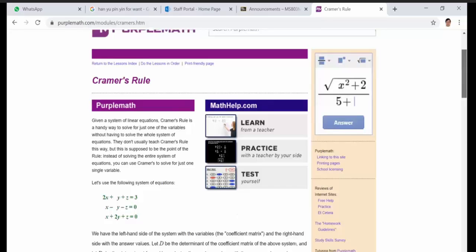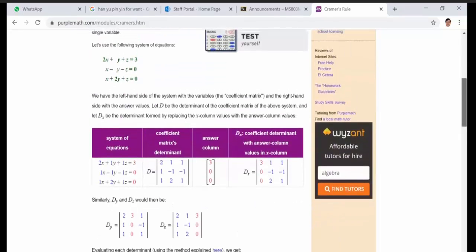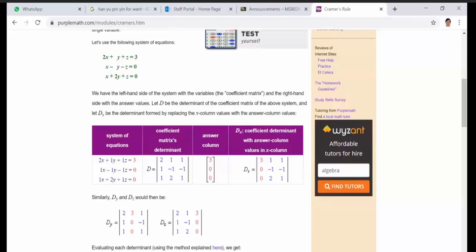You want to solve an equation. What you do is you want to find what x is, right? This is the equation where you get x, y, z. You want to find out what x is. You replace the column of coefficients of x by the right-hand side numbers, 3, 0, 0.